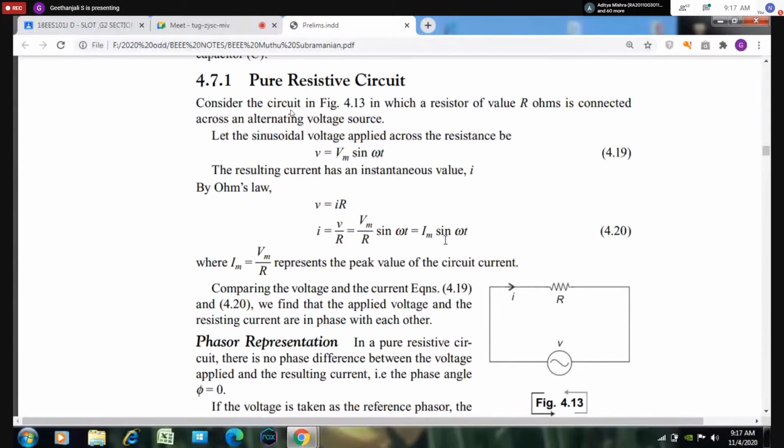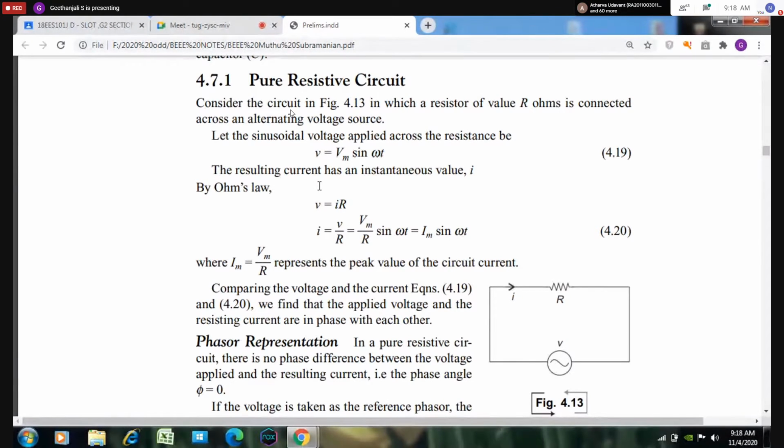So the AC voltage source is V = Vm sin omega t, where Vm is the maximum value of the voltage and omega is the angular frequency. Omega is equal to 2 pi f, where f is the supply frequency. This is the general representation for the AC voltage source we have seen earlier.